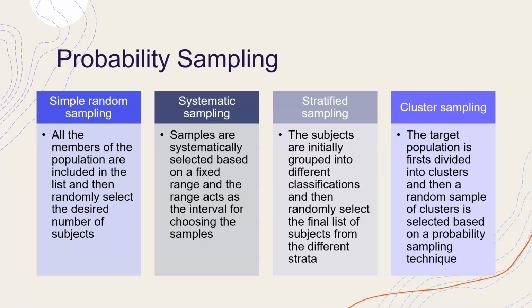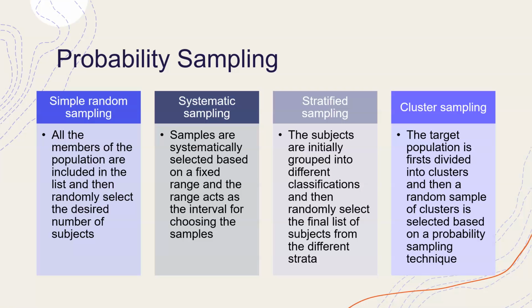In systematic sampling, samples are systematically selected based on a fixed range. The range acts as the interval for choosing the samples. Say for example, you are in a clinic and you have 100 patients. The first thing you do is pick an integer that is less than the total number of the population.